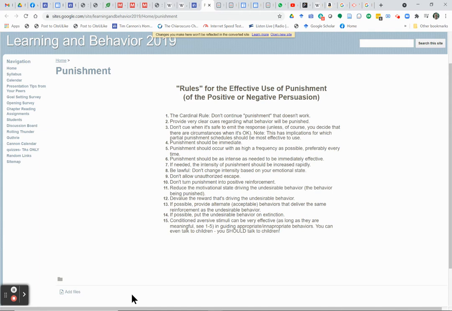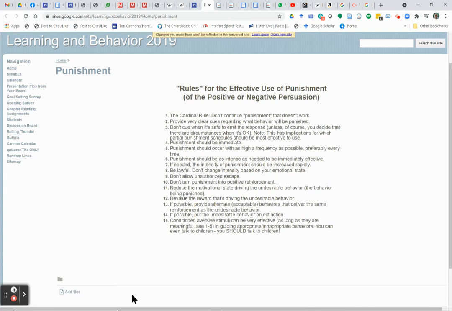And remember, punishment is not punishment unless the probability of behavior goes down. If you are hurting someone and not causing a decrease in the probability of behavior, that's not punishment. Not in this class, not in my world. And that's number one here. The cardinal rule: don't continue "punishment" that doesn't work.